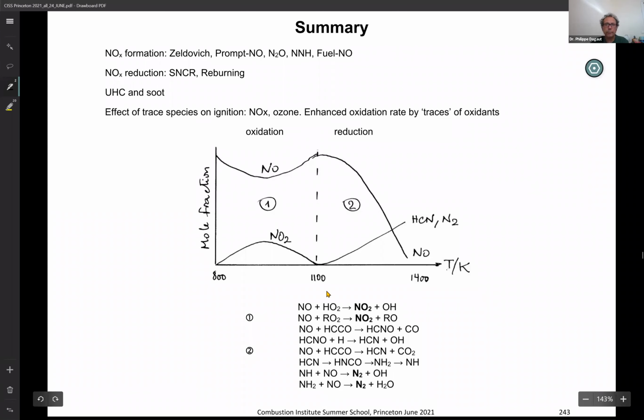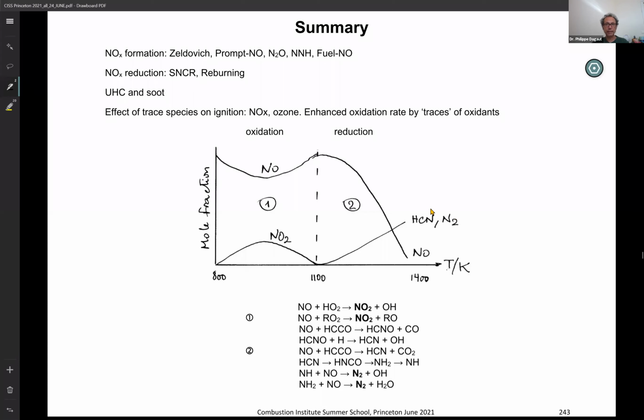At higher temperature, it's a different story, and we are back to NO reburning with formation of HCN. And to figure out what are the major processes you are dealing with, you can look at the formation of NO2 and HCN.